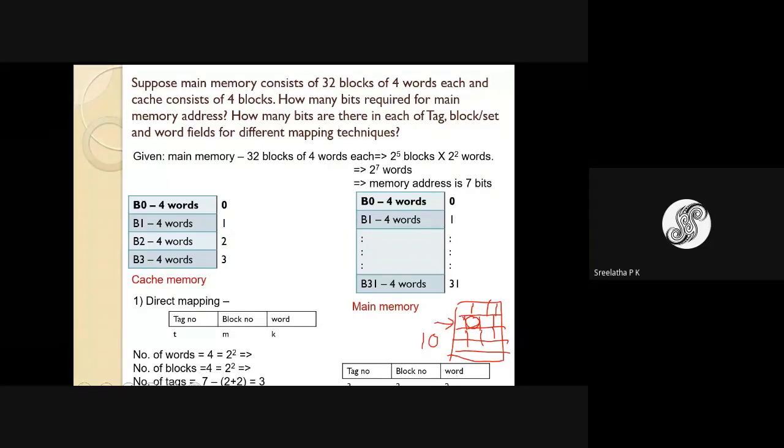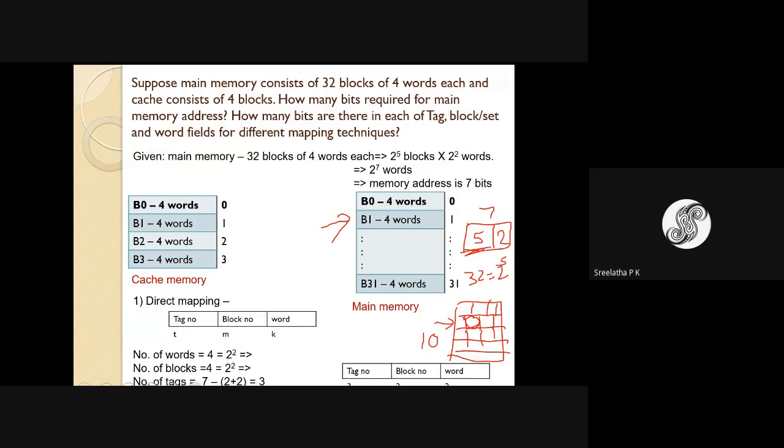The main memory address is 7 bits: 2 bits for the word, and the remaining bits are for the block. That is 5 bits for representing the block, as it is 32 blocks, which is 2 power 5.